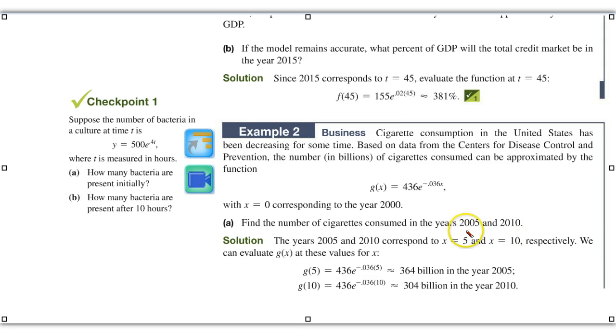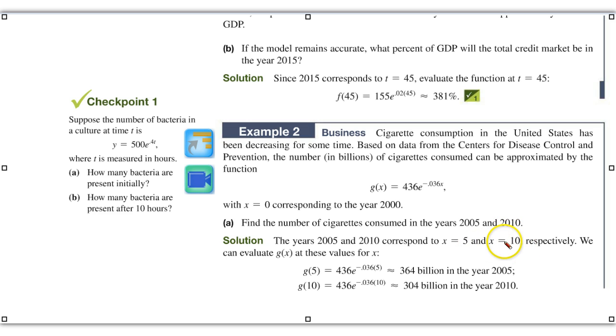So this is pretty easy. What will t be here? Well, if it's starting in 2000 and then we're going to 2005, t is going to be 5. Here they're using an x. And then this one later will be a 10.